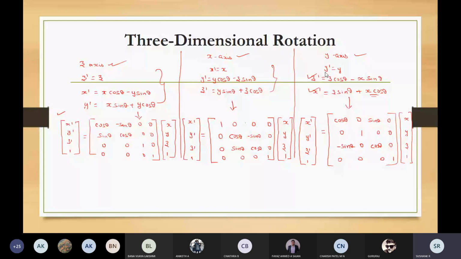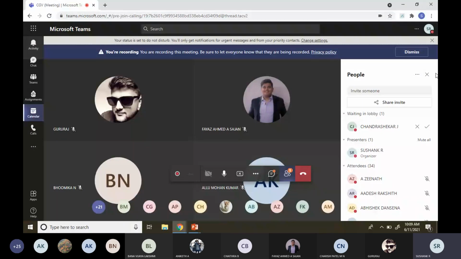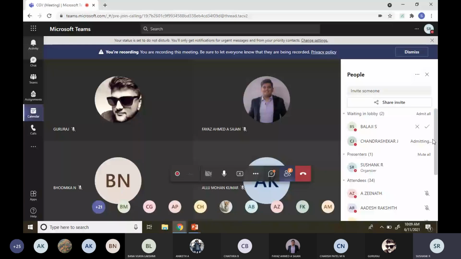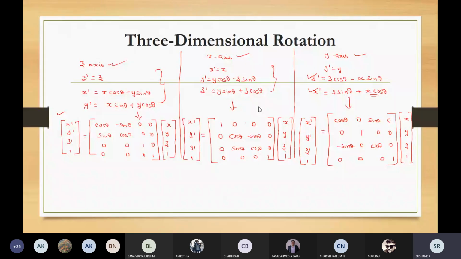I just looked into the equation, and I found out yesterday how we can get the formulas for this. So this is regarding the three dimension rotation.